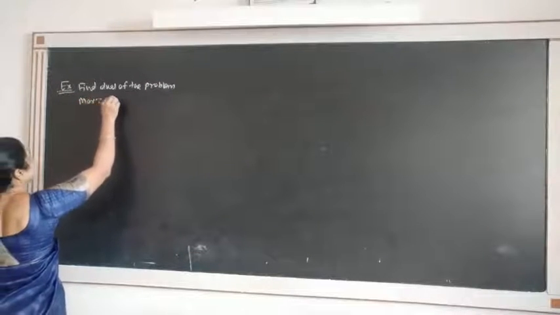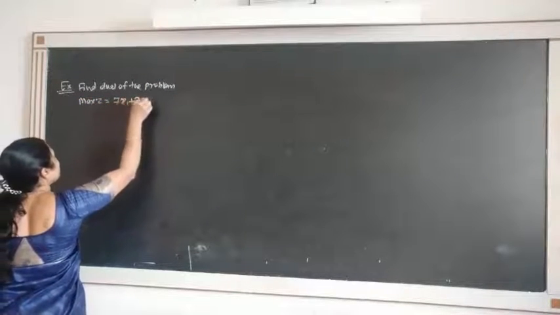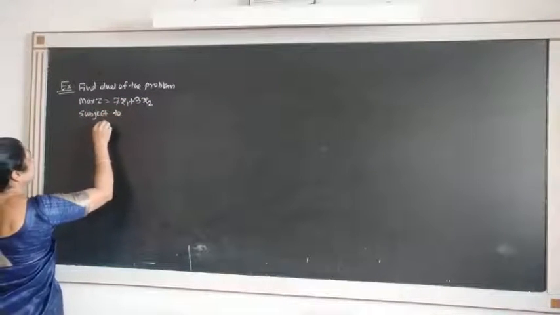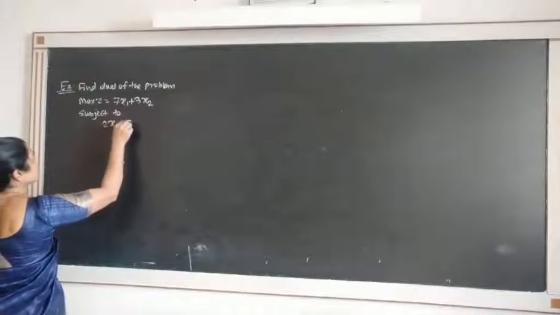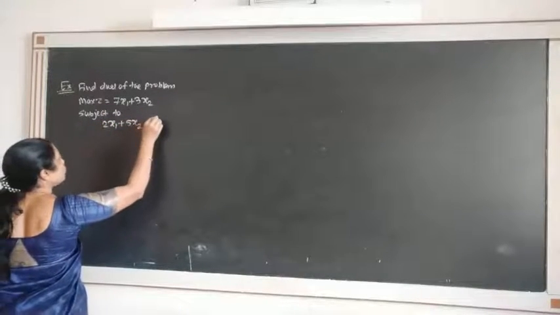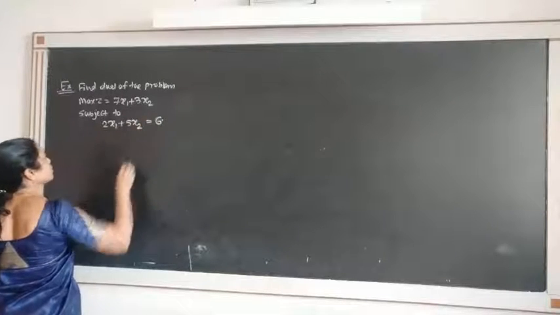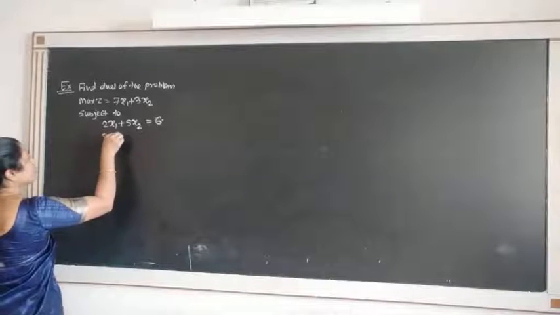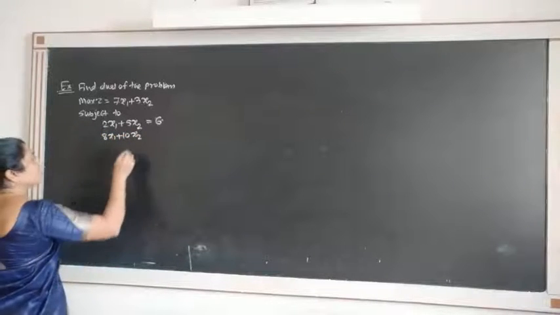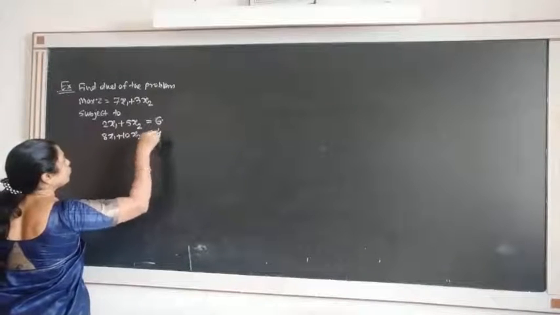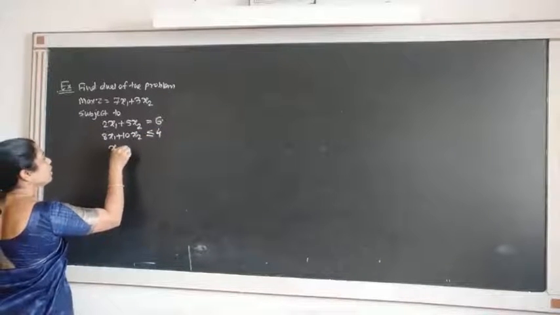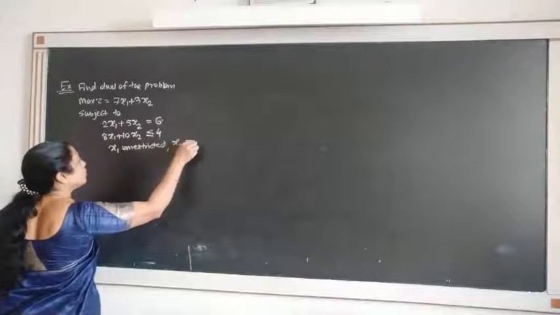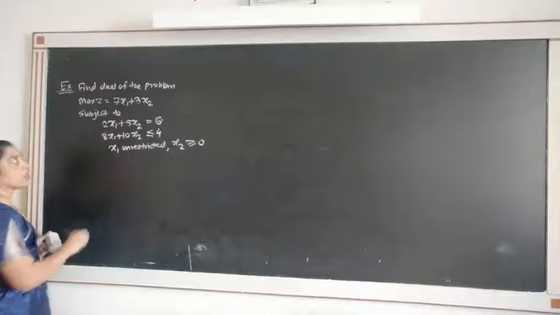Maximize z = 7x1 + 3x2 subject to constraints 2x1 + 5x2 = 6, 8x1 + 10x2 ≤ 4, and x1 unrestricted and x2 ≥ 0.